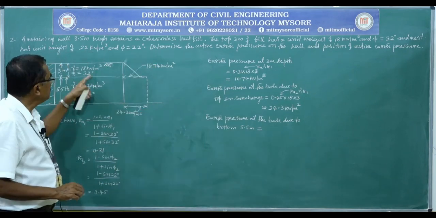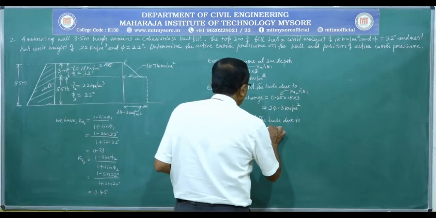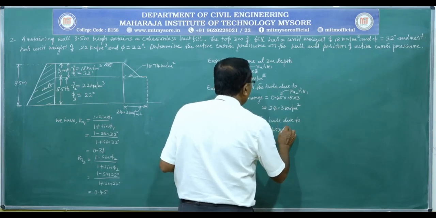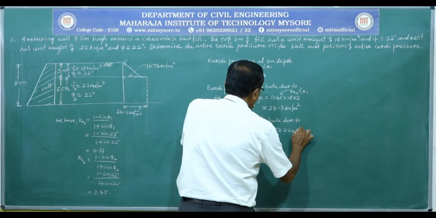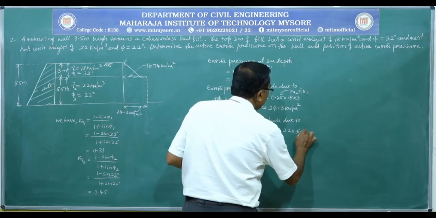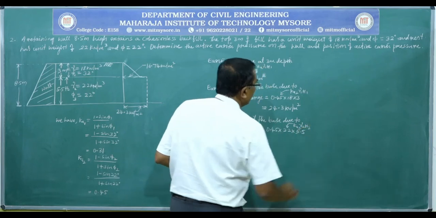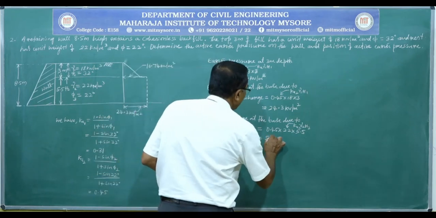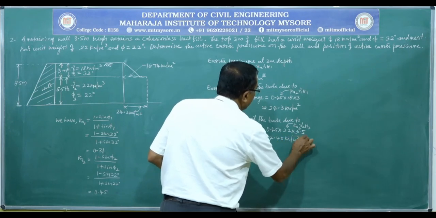earth pressure at the base due to this bottom 5.5 meter fill, that is equal to again Ka2, 0.45, into gamma of the bottom soil, it is 22, multiplied by H, 5.5 meter. So, this is equal to Ka2 into gamma 2 into H2, that is equal to 54.45 kilonewton per meter square.